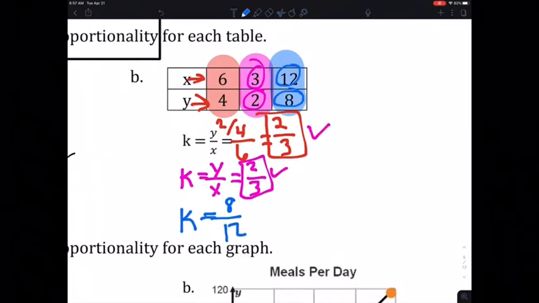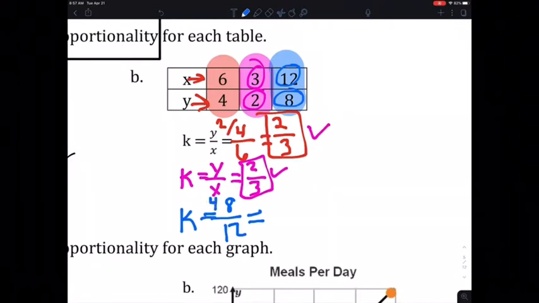That one doesn't match with the rest of them. Why? Yes, good job answering that, guys. Because it's not in simplest terms, right? So let's simplify this. What number can go into the numerator and the denominator evenly? We can do a 2, but 2 is too small. We could pick a different number. What about 3? 3 doesn't go into 8, so no. 4? 4 does go into 8, and 4 does go into 12.